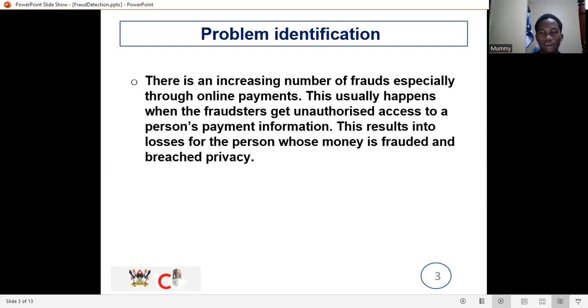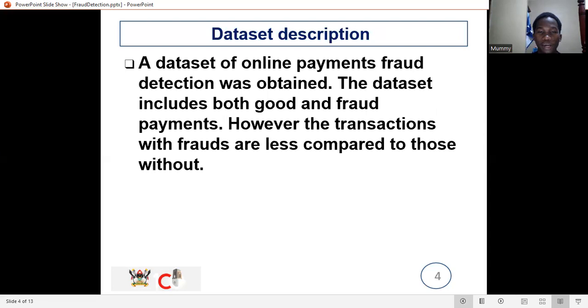After getting this information, they can access your bank and transfer money from your account to another account. This results in losses for the person whose money is taken and breaches privacy.